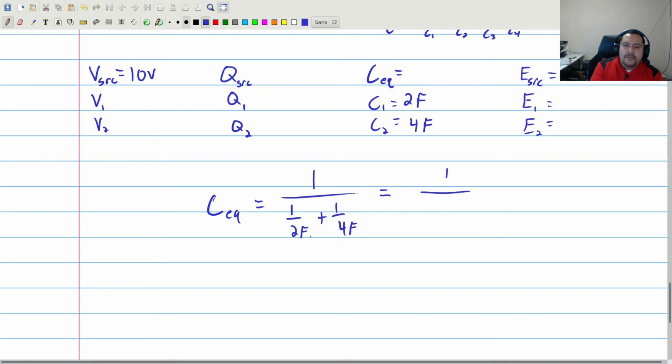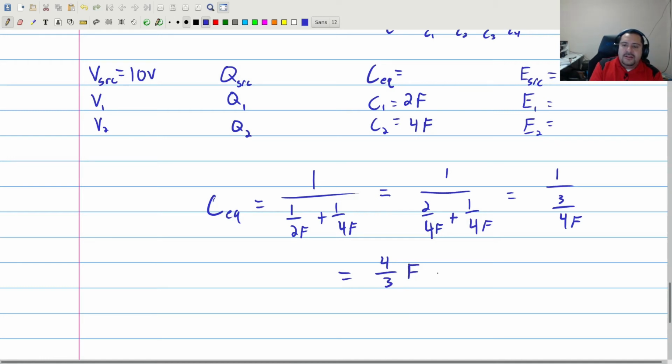Common denominator is 4, so this is going to be 2 over 4 plus 1 over 4, farads still on the bottom, and 2/4 plus 1/4 is 3 over 4 farads, which means what's the reciprocal of 3/4? Well, this is going to be 4 over 3 farads.